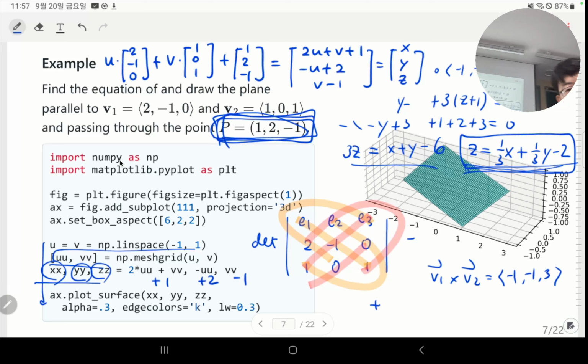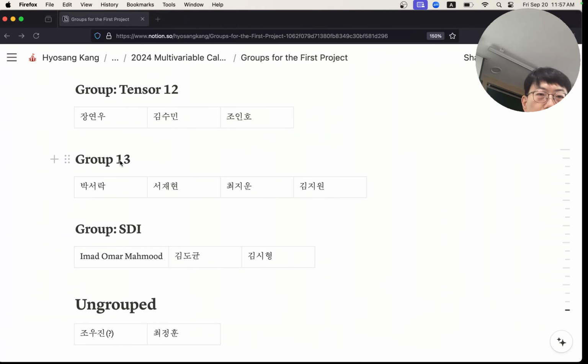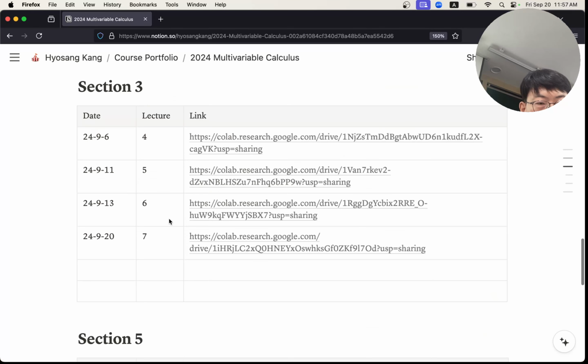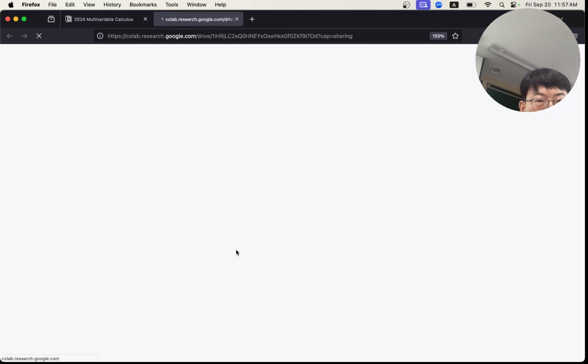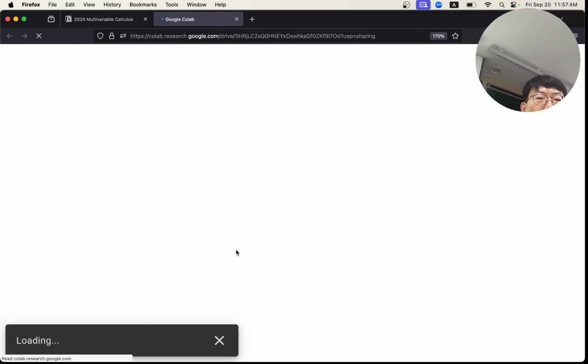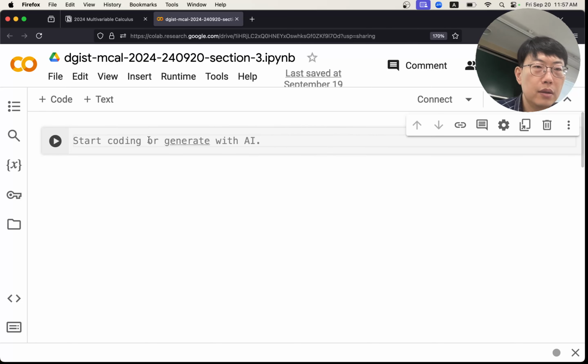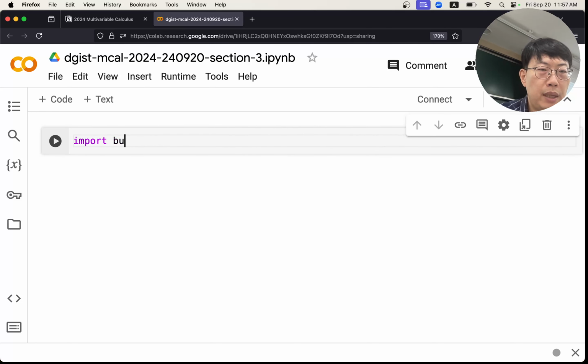So maybe we can do this together just to check why this is true. So I'm going to open up the Colab here. So today's Colab is this one. As I said, we're going to always use matplotlib and numpy, so I'm going to import everything.